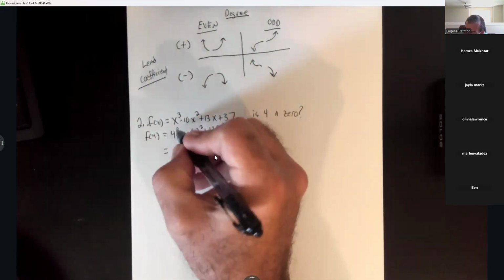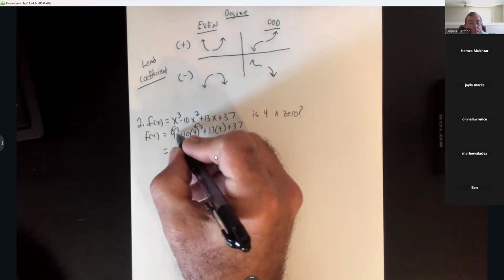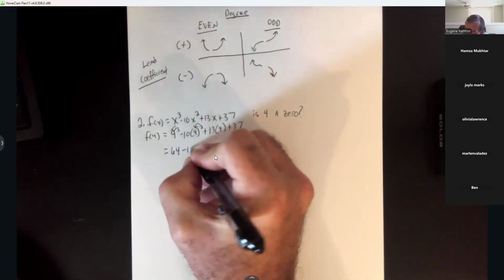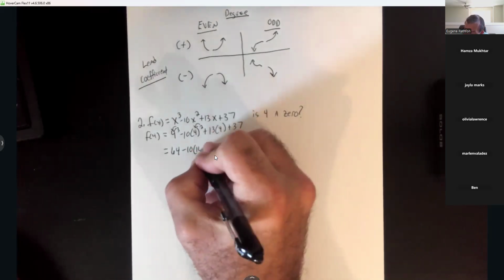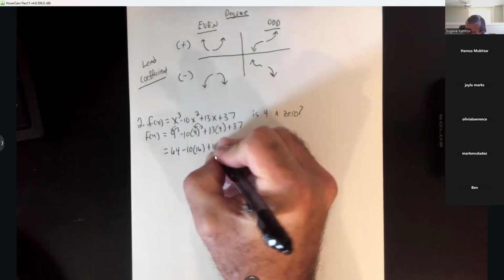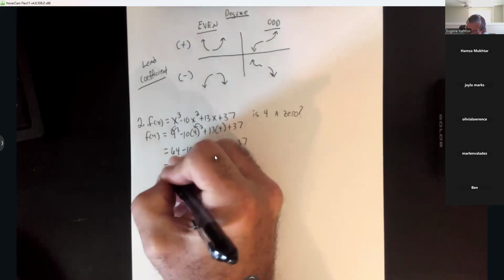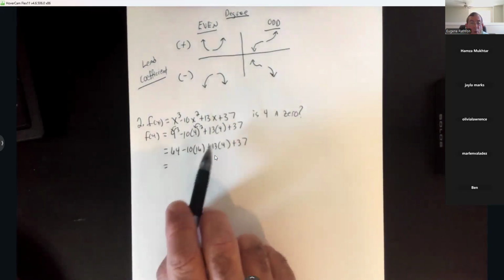All right, so I'm going to start with the exponents. So the 4 cubed and the 4 squared. So 4 times 4 times 4 is 64 minus 10 times 4 squared. So 4 times 4 is 16. And then, y'all, I'm just bringing everything else down. So now I did my exponents. Now I'm going to multiply.